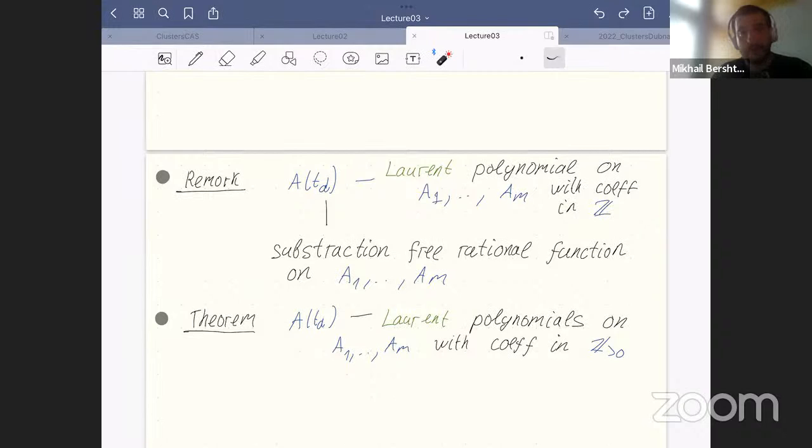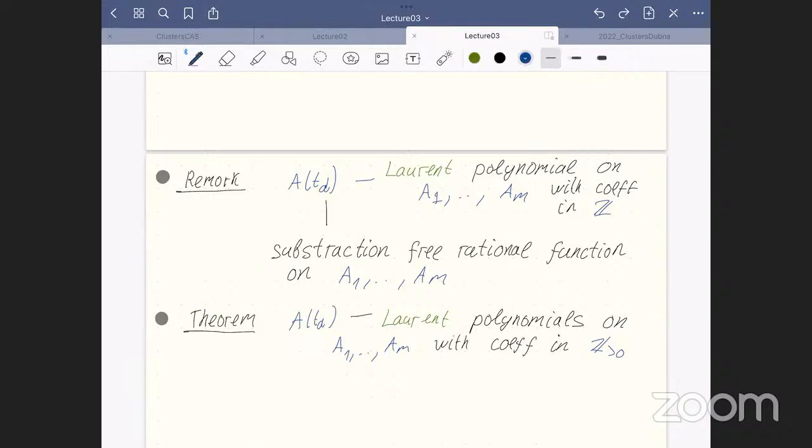Other questions? Sorry, but I don't understand how minus can appear if we take mutations. Maybe I just don't remember the formula precisely. We have a sum of two monomials, right? Yes.